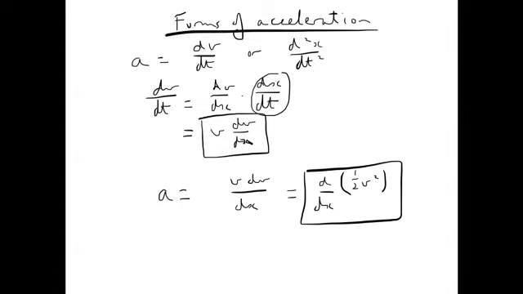So this is another form of acceleration. We have dv/dt, we have the double derivative d²x/dt², we have v times dv/dx, and then we have d(half v squared)/dx. What we use depends on what we've been presented with.